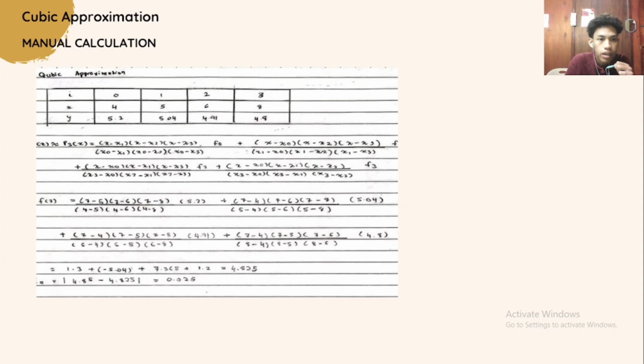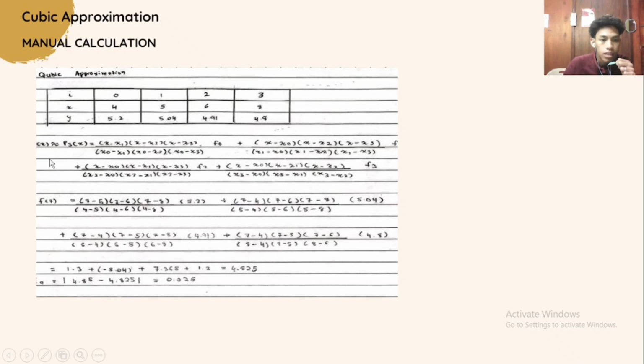We move to the next one, which is cubic approximation. This is our manual calculation. First, we create a table, and I is 0, 1, 2 and 3. For the months, we take April, May, June and August: April 5.2, May 5.04, June 4.91, and August 4.8.